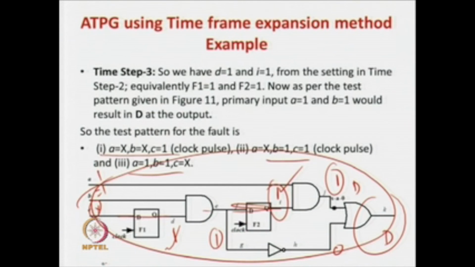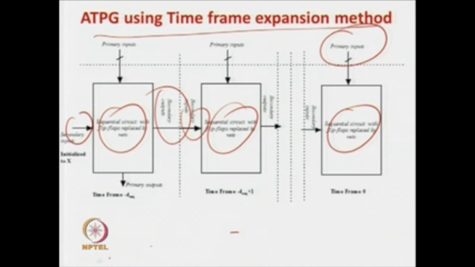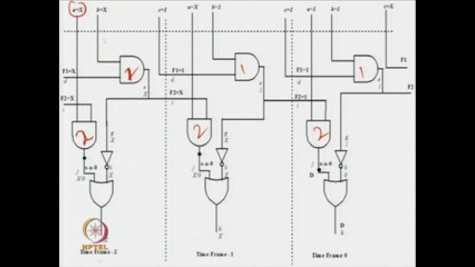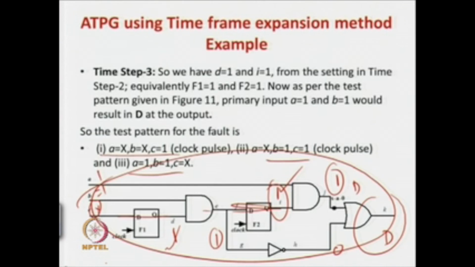So this is how we represent it. This gate 2 is dependent on A, that is the primary input, and the output of the second flip flop, that is F2. And gate 1, if you remember, was dependent on B as well as the output of the first flip flop. Okay.